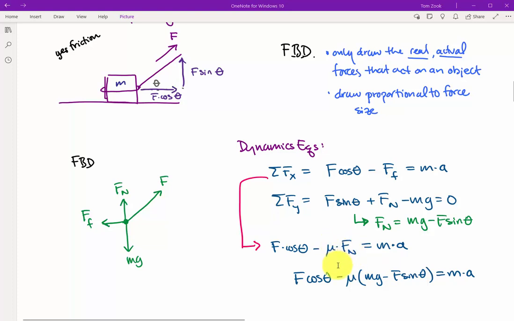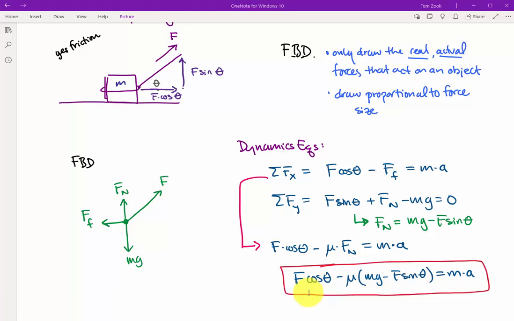When I do that, I get this right here that I'm going to box in red, which has my pull force component that is going to try to make the thing move forward, minus the friction force, which is composed of the coefficient of friction, weight, and then the sine component of my pull force, should all combine together to be my net force in the x direction, which is going to be m times a.